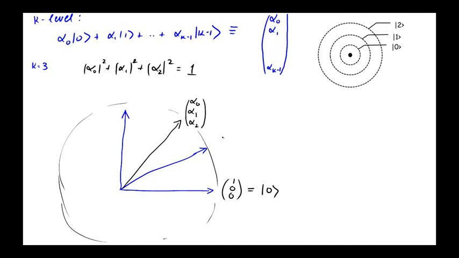What about the y-axis? Well, it's 0, 1, 0, right? And that corresponds to the state 1. And the z-axis, which is 0, 0, 1, corresponds to the state 2.